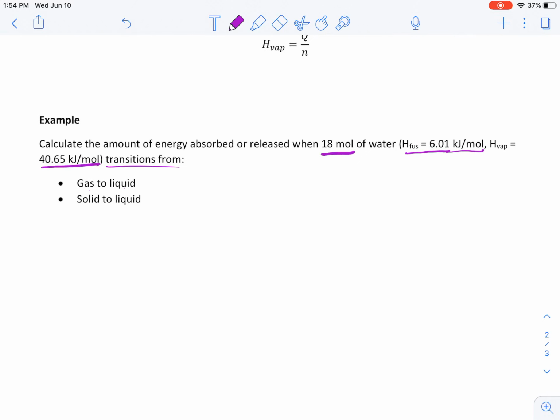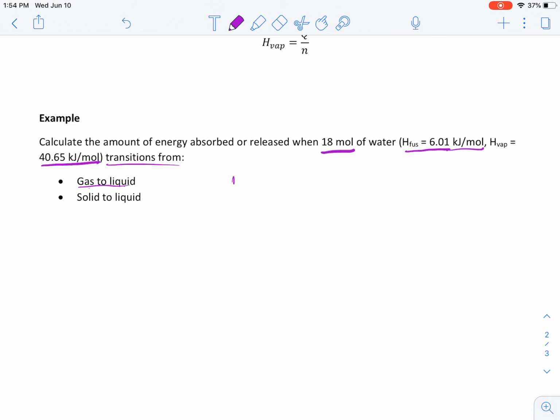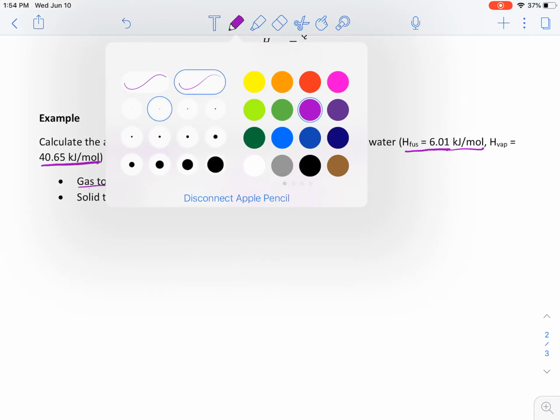Let's do the math then. Gas to a liquid, we're going to use HVAP, and HVAP is equal to Q over N. We have HVAP, we have N, we just need to find Q. Remember, we're trying to calculate the amount of energy, which is our Q value. We want that in joules or kilojoules. So let's rearrange the formula.